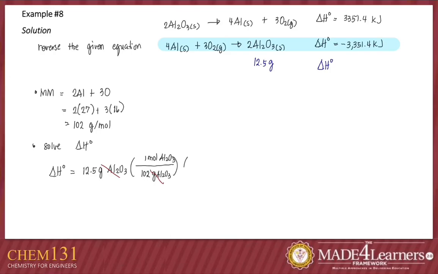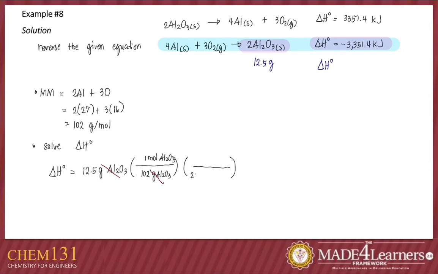And from the given thermochemical equation, the relationship for Al2O3 is that two moles of aluminum oxide formed from its elements release heat of 3,351.4 kilojoules.